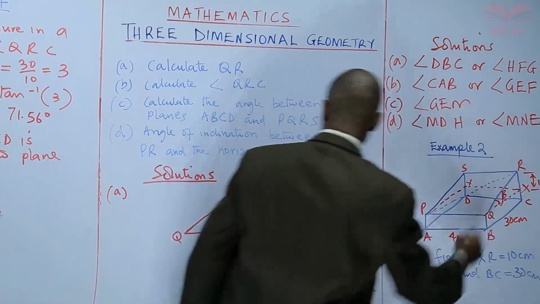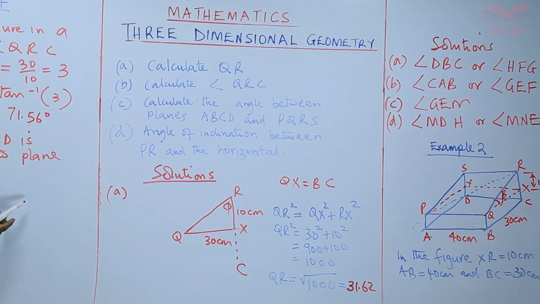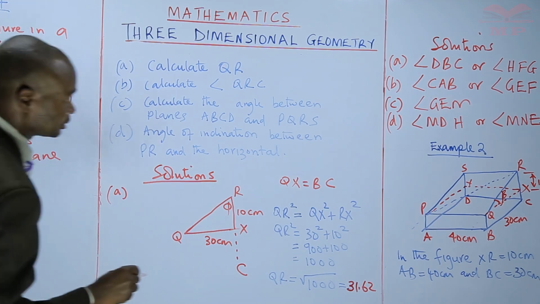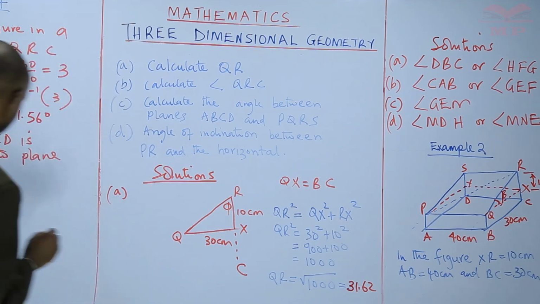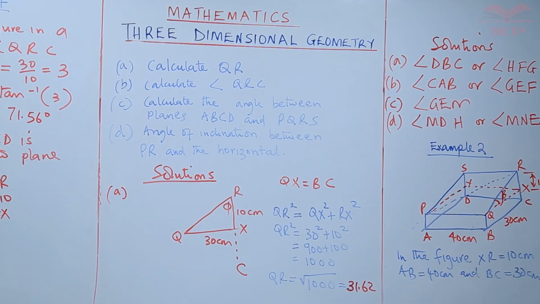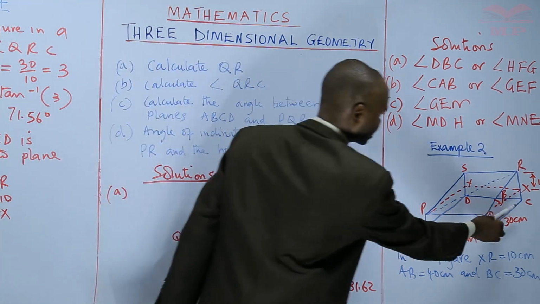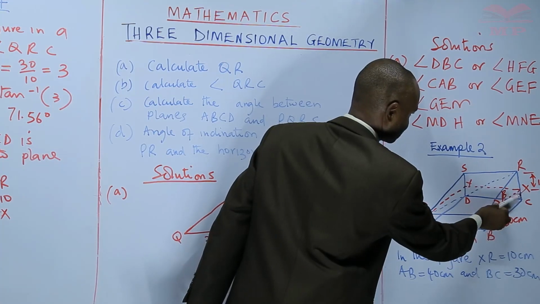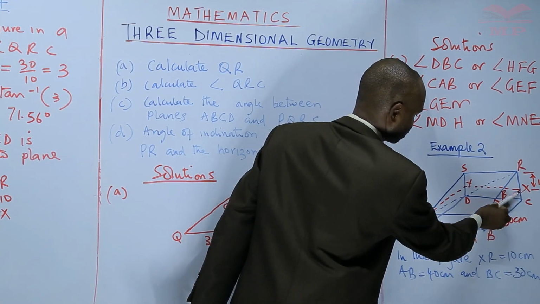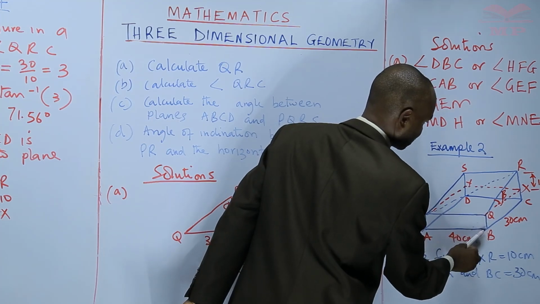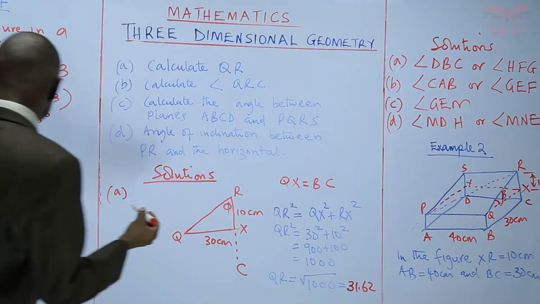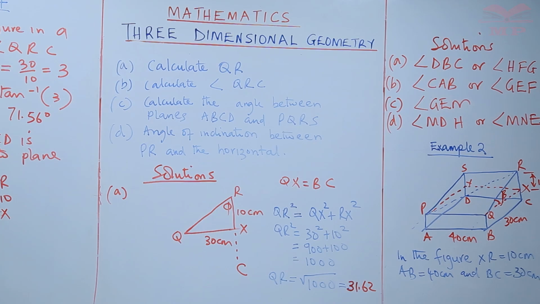You'll have your XR, which is 10, and you'll have your Q here, because this plane is still horizontal to that. If you project, it will still meet this one at the same angle. So this one is 30. That is angle alpha.